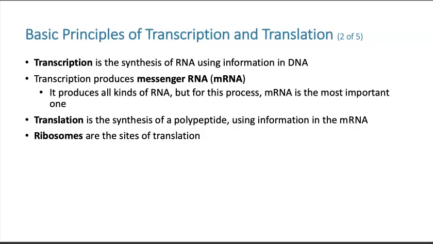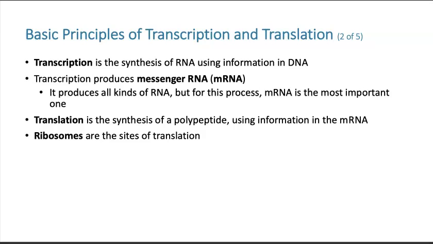And the main type of RNA that we're going to talk about today is messenger RNA, or mRNA. This is probably the most important one when we're thinking about the process of making a protein. So messenger RNA is the main intermediary. It's not the only one, and DNA does make all the other RNAs too, but messenger RNAs are our key friend here. So again, let's just focus on mRNA, and we'll introduce other kinds of RNA later.